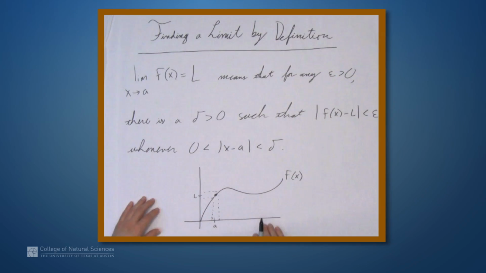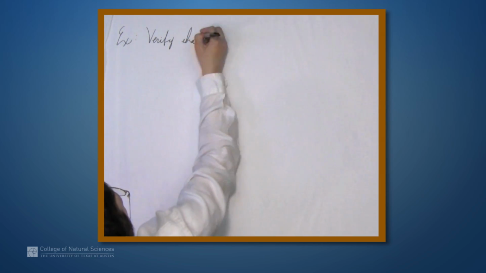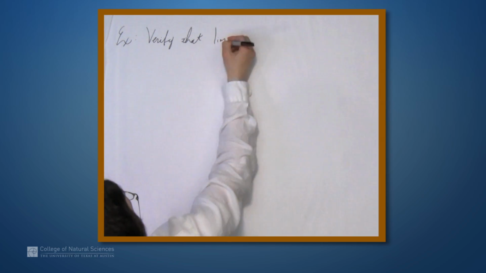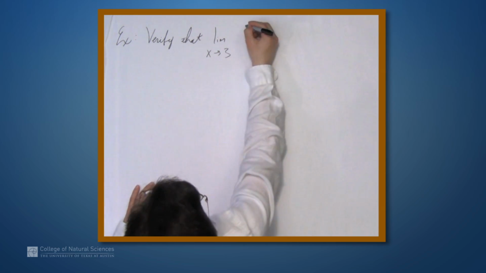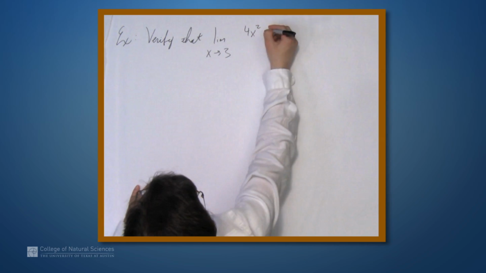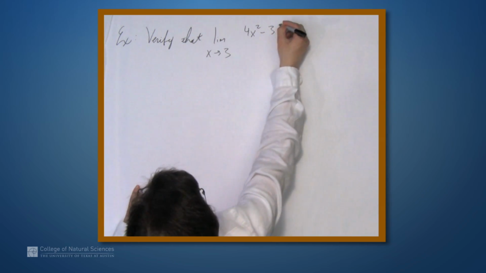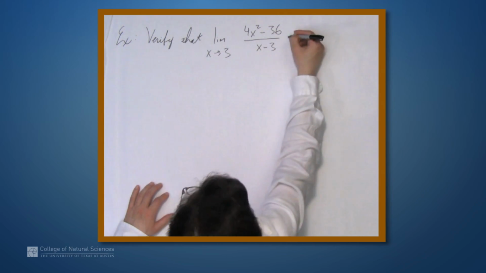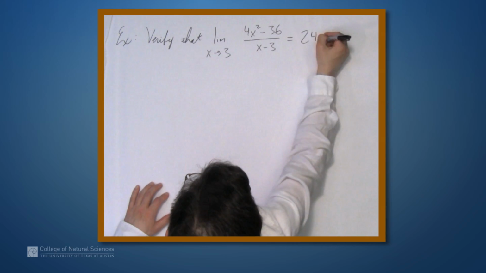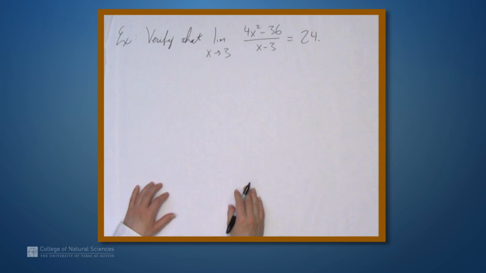So let's do an example. Let's verify that the limit as x approaches 3 of 4x squared minus 36 all over x minus 3 equals 24.